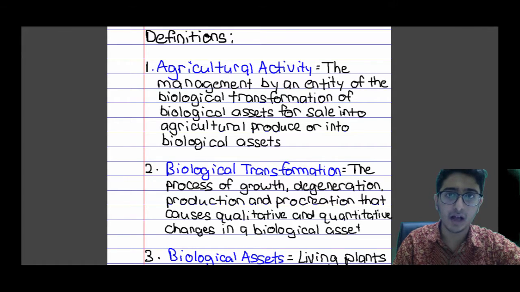This means that I want to manage the biological assets of my company to ensure that I have an output from them, what I call an agricultural produce, or into further biological assets. Okay, this is what agricultural activity means.